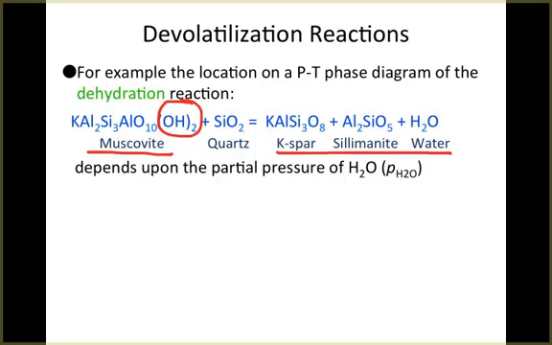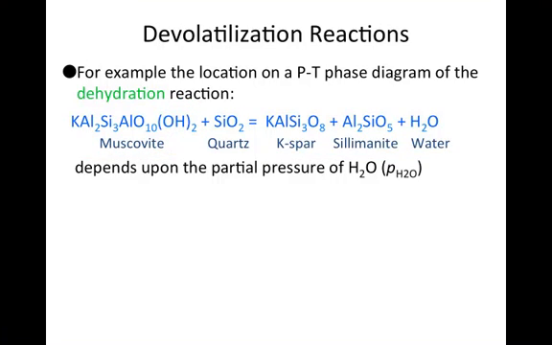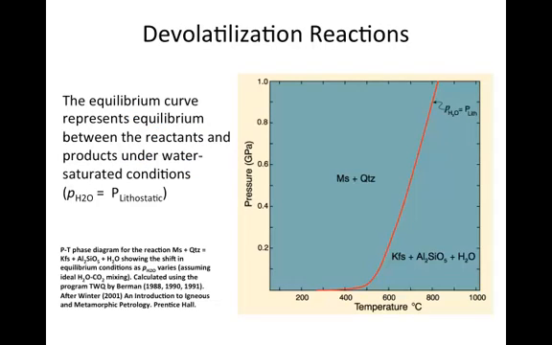This is one of those reactions. This is what a devolatilization reaction might look like. So you see a PT diagram with muscovite and quartz on the low temperature side, and on the high temperature side we see K-feldspar, the aluminosilicate, in this case sillimanite, and water.